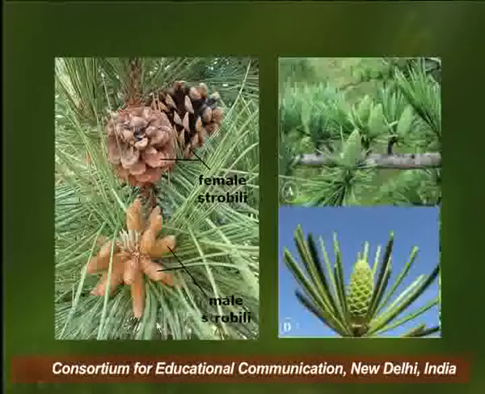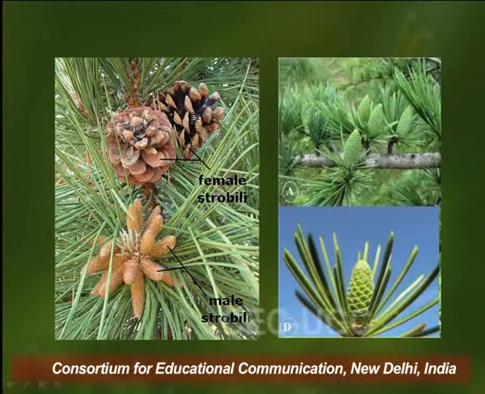Here you can see in the diagram that the Pinus tree bears female and male cones on the same branch. So this is an example of a monoecious genus, whereas in case of Cedrus, the male and the female cones are borne on different plants.